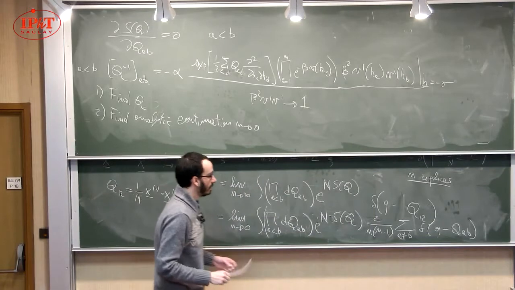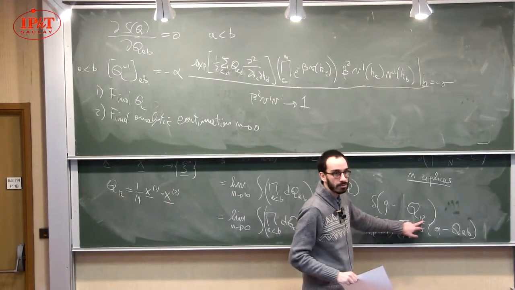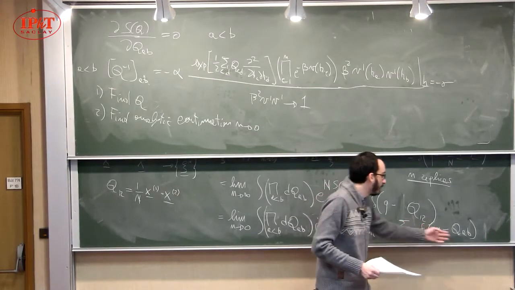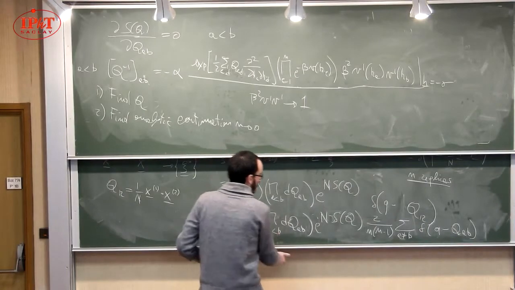Okay. So I just said that replica 1 and replica 2 have exactly the same values as generic replicas, right? So this way I get that.